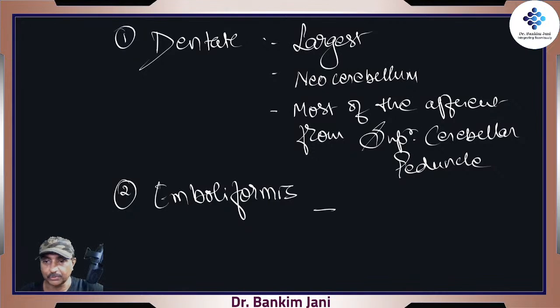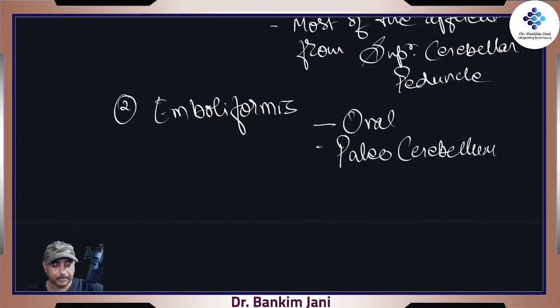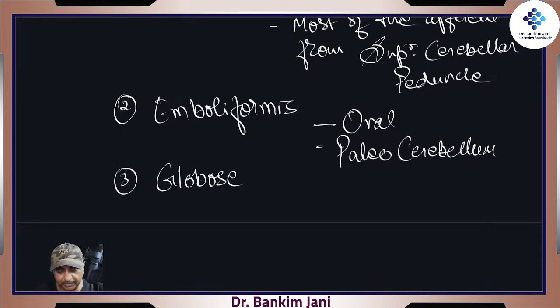This emboliformis, you saw that it is quite oval. It is a part of the paleocerebellum. This emboliformis and the next nucleus, the globose, are quite similar, very similar.